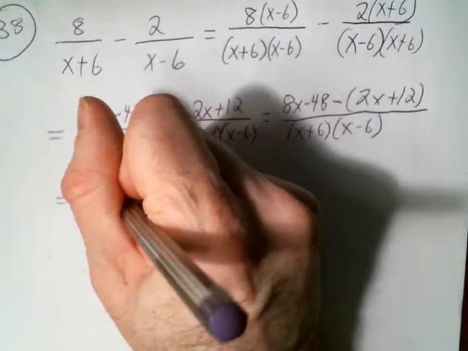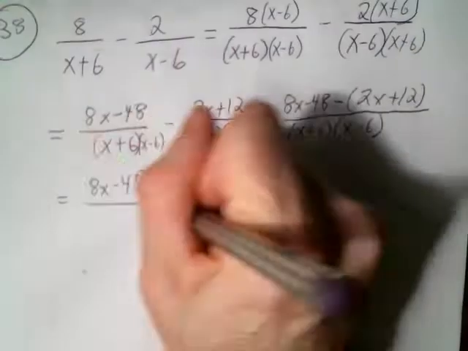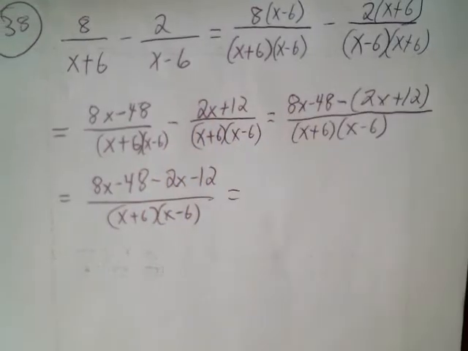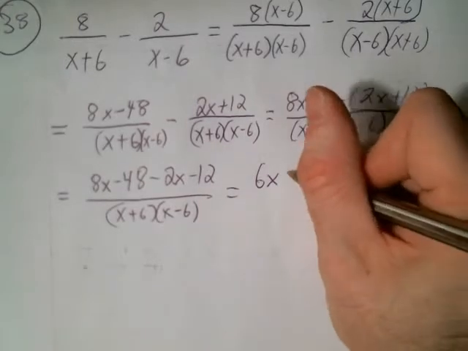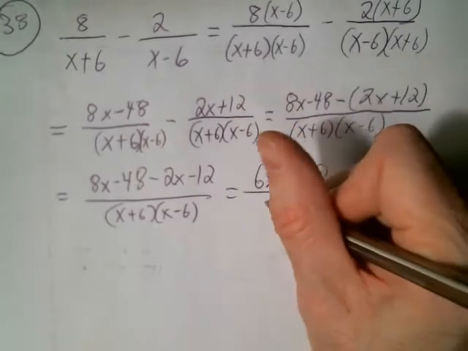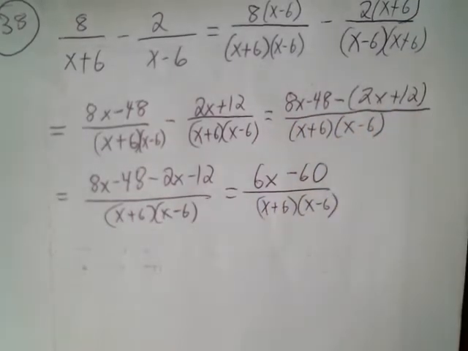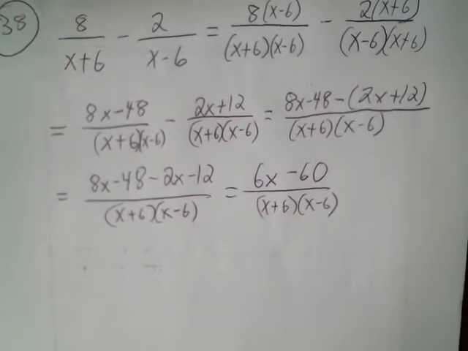Okay, and then distribute the negative. 8x minus 2x is 6x, minus 48 minus 12 seems like minus 60. And I think that's all you can do. Keep moving.